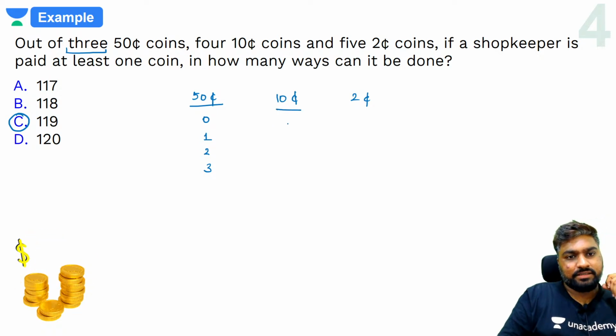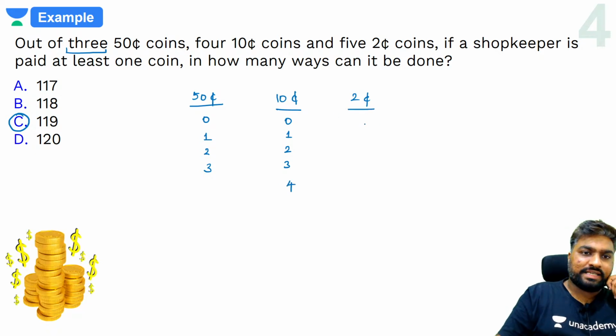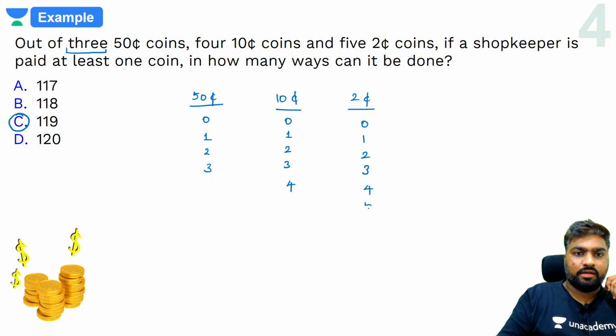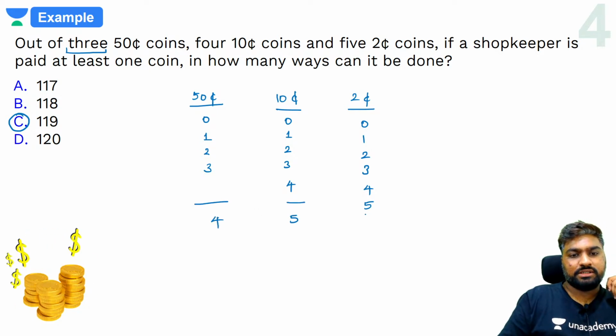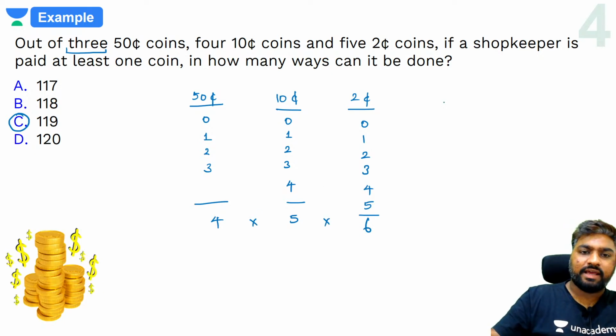Same way 10 cent, 0, 1, 2, 3 or 4 coins. 2 cent, 0, 1, 2, 3, 4, 5. How many options? Here you have 4 options, 5 options, 6 options. So total number of ways will be what?